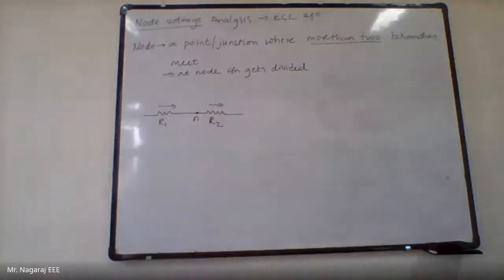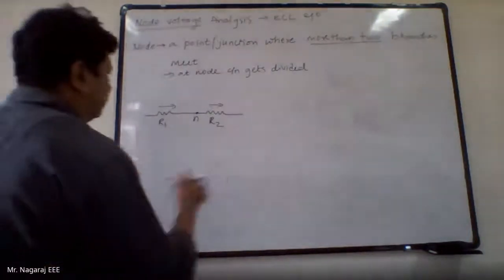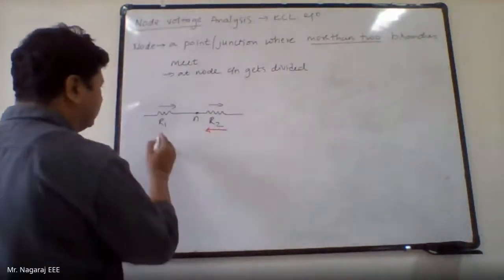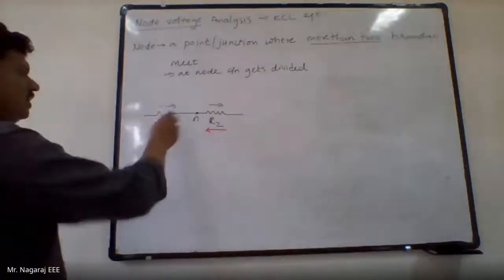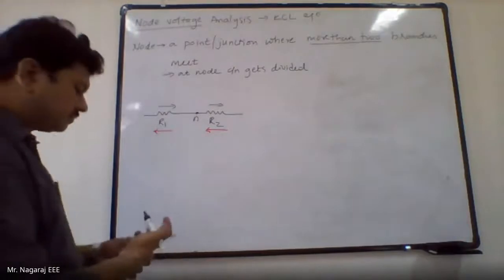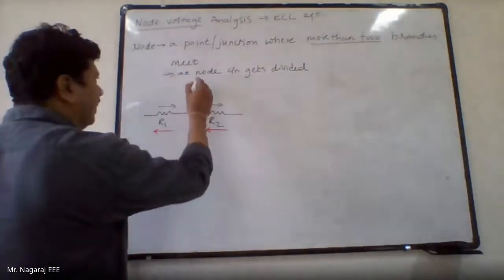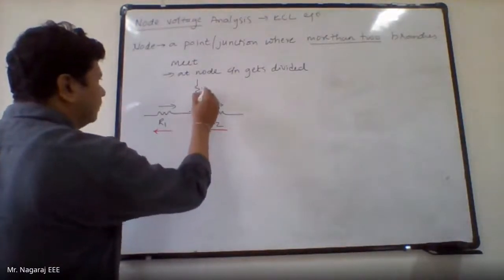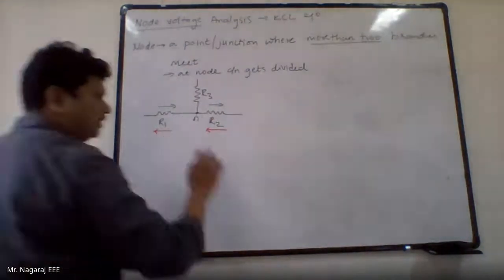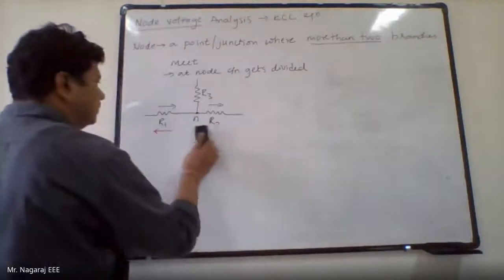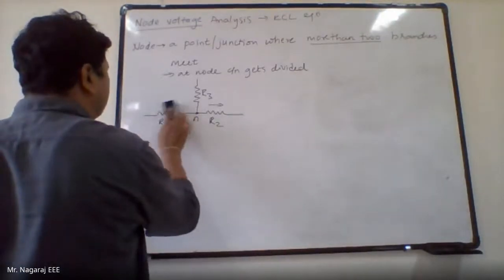Now if the current in R2 is in anti-clockwise direction, the current in R1 is also in anti-clockwise direction. So there is no question of current division. But when I add one more branch, this claim may not be true.